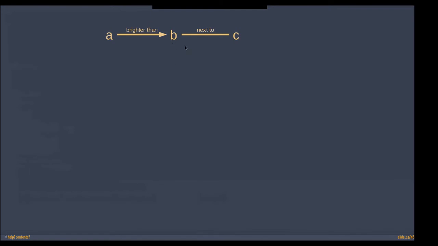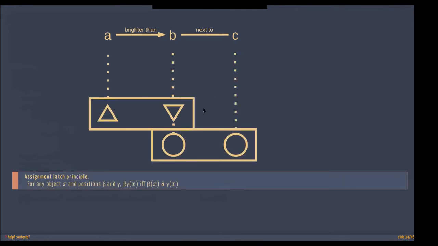But what's very interesting about this, if you ask me, is what's going on here with regard to B. B is playing two roles. It's less bright than A, and it's next to C. By that, two relations are concatenated. They're snapped together. B is sort of a latch. And that's how I think about relation concatenation.